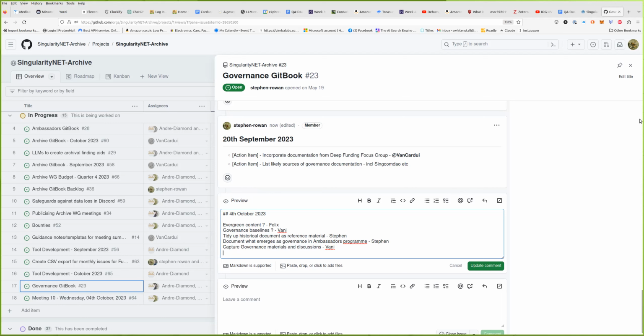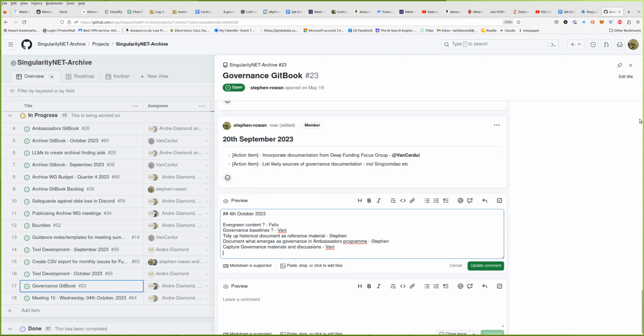But I think there's a kind of experimental aspect to this, Felix, because that's where we're at. You've posed that question to the ambassadors program, where look, there is this issue of governance. What do you think the community should do? And there's an aspect of that where we don't want to dictate to people necessarily.